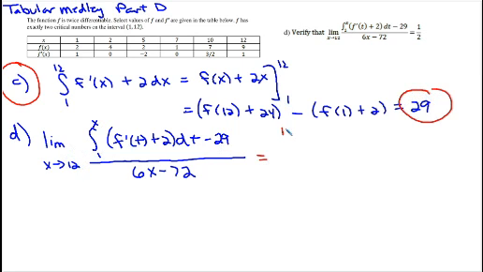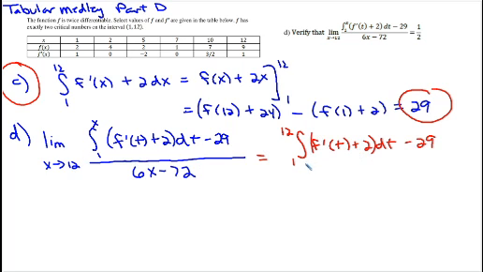So if I do that, I have the integral from 1 to 12 of f prime of t plus 2 dt minus 29. And look what we've got right here.